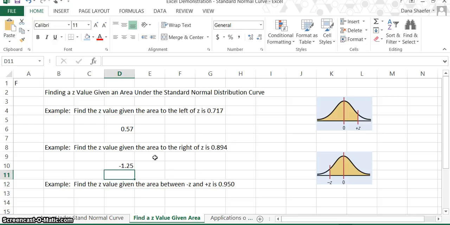Negative 1.25. So that's my z-score. It's negative. It's on the left-hand side of the standard normal curve, and that z-score is negative 1.25.